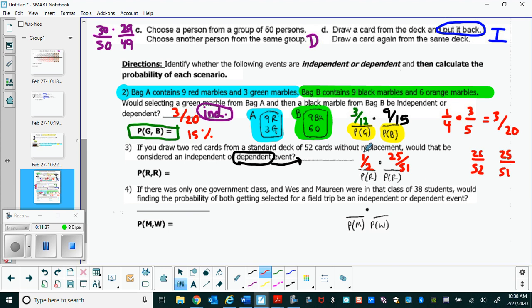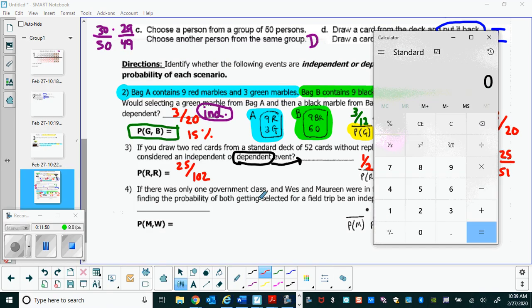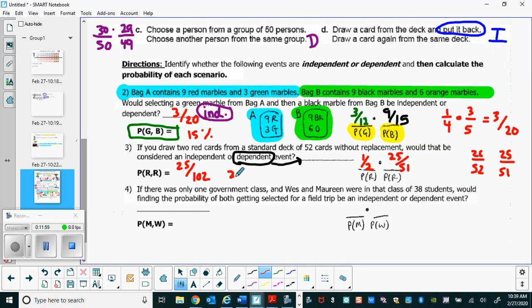And when you multiply here, you're going to see that 1 times 25 is 25. And then 2 times 51 is 102. And then let's just get our calculator out real quick to see what that would be as a percent. We've got 25 out of 102. So that's 24.5%.